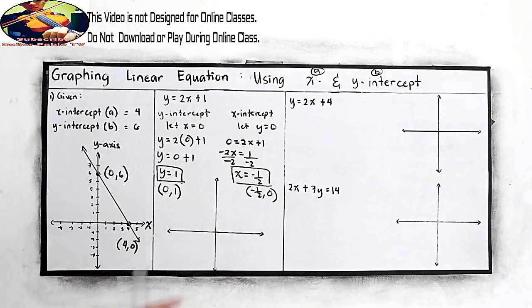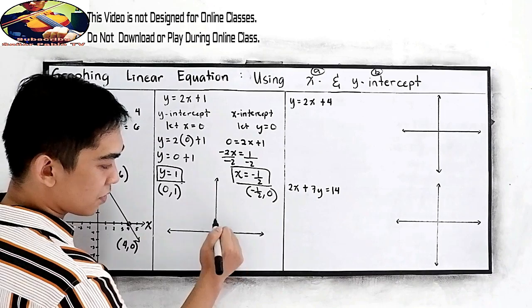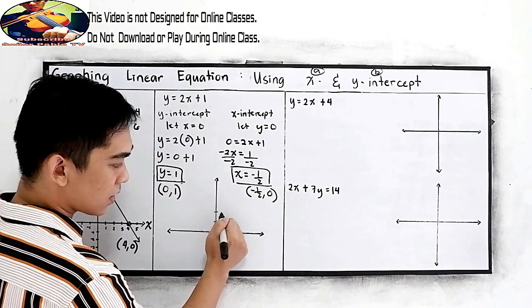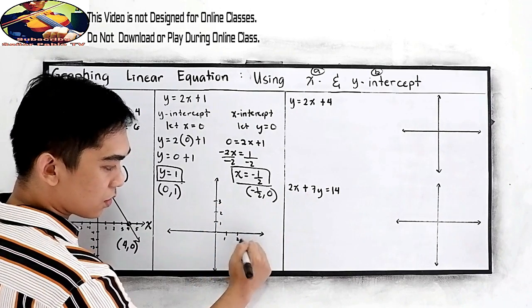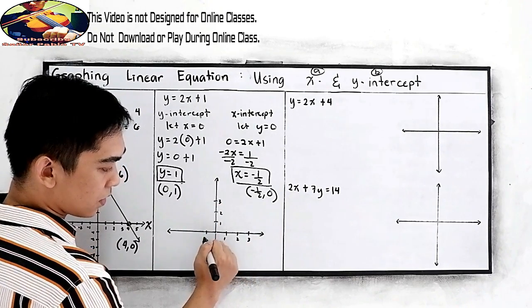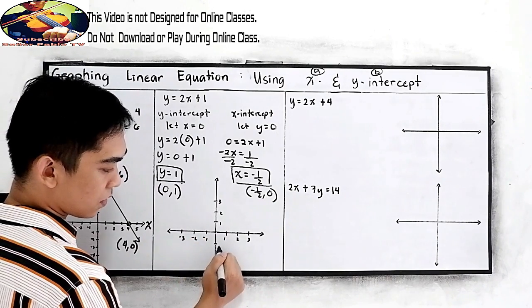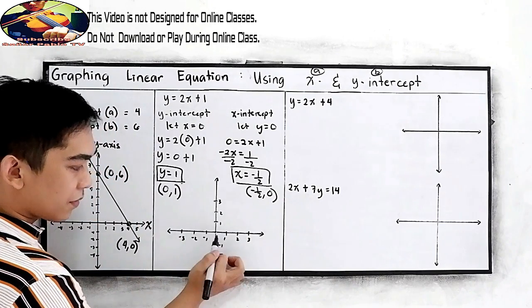Now, let us plot in our Cartesian plane. 0, 1. So 0, positive 1. 1, 2, 3. Negative 1, negative 2, negative 3.